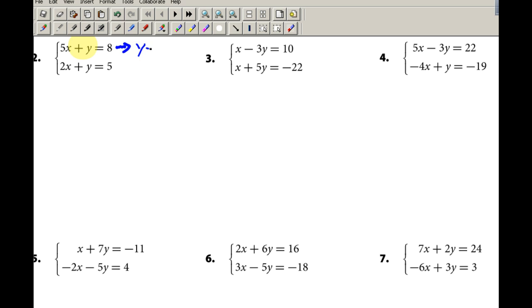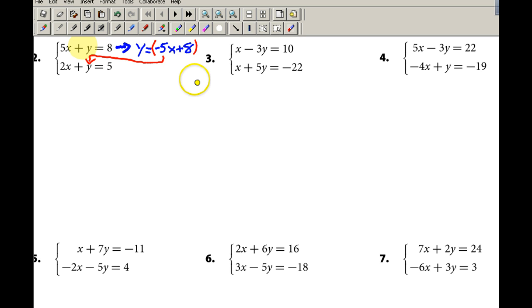So you'd have y equals negative 5x plus 8, and we could plug that in right here and go ahead and solve. So from this point on, it's the same thing we just did last night. It's just trying to get it set up so one equation is equal to a variable. Let's go through the rest of these.